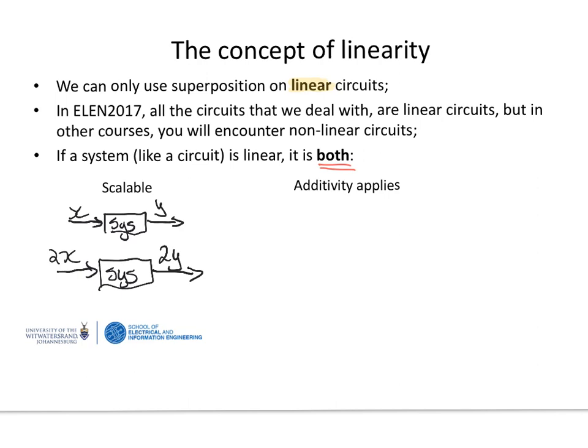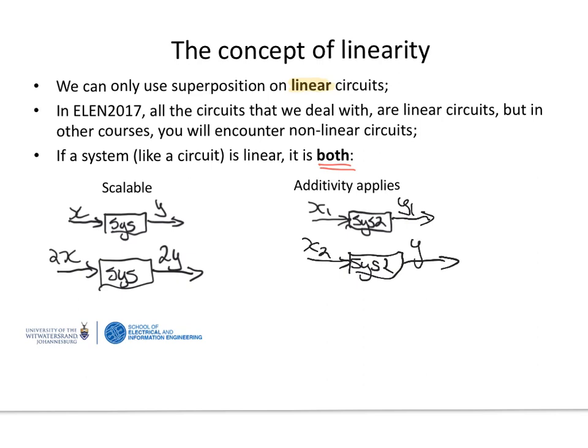Additivity means that if you have some black box system, so let's call that system 2, and for an input X1, you get an output Y1, and for the same system, for an input X2, you get an output Y2.